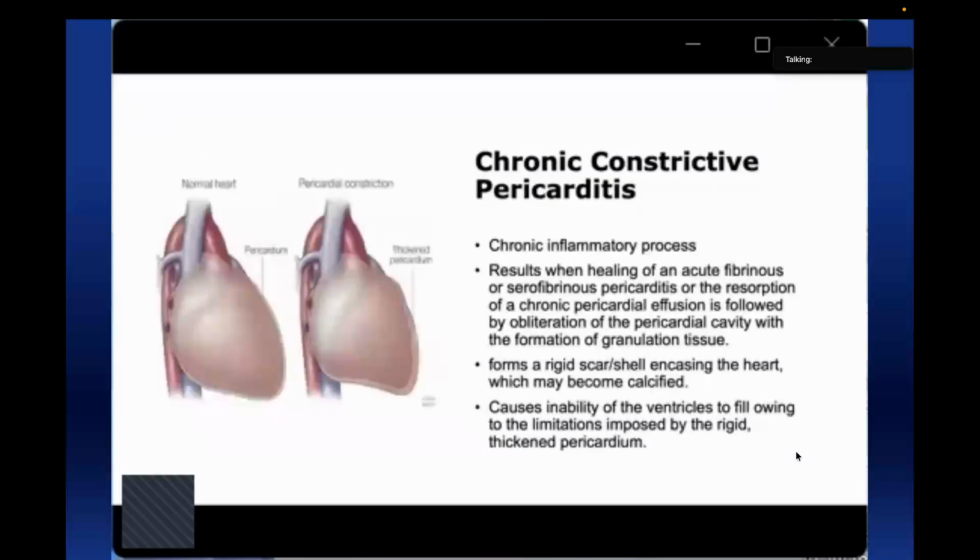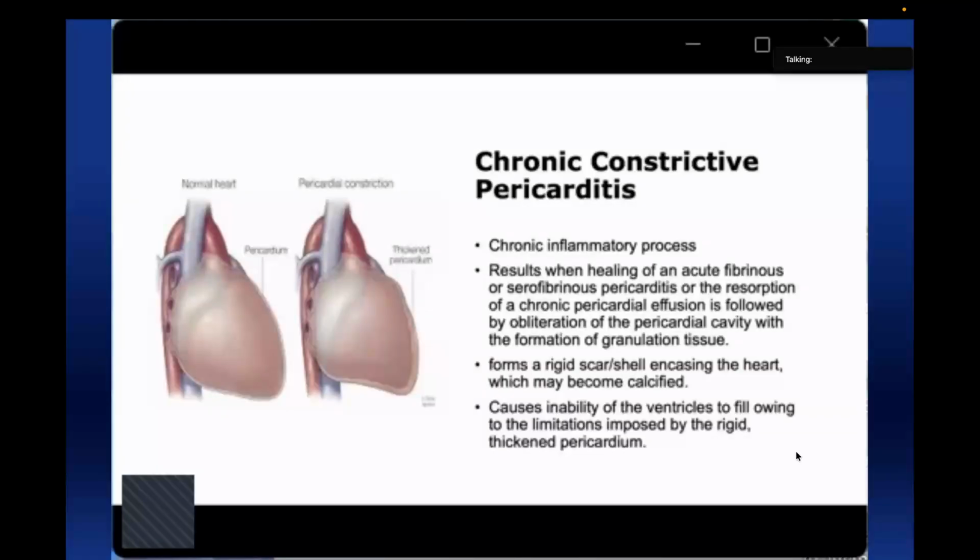Okay, chronic pericarditis, as you can see here, comparing to a normal heart with the pericardial constriction, you know that this is a chronic inflammatory process, and this results when healing of an acute fibrinous or a serofibrinous pericarditis, or the resorption of a chronic pericardial effusion, is followed by obliteration of your pericardial cavity with the formation of granulation tissue.